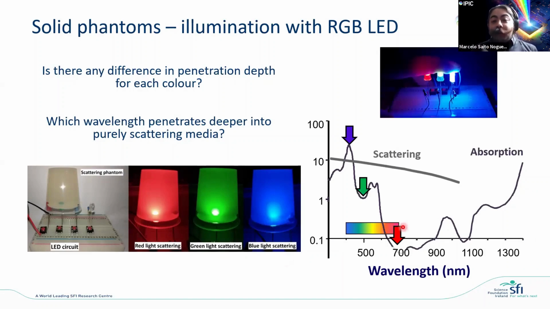You will be looking at mostly the tissue optical properties at blue, green, and red light, at red wavelengths. So you can look at how much this will influence the light propagation in your phantoms. So keep that in mind. This will relate to many of the concepts you see during our workshop.